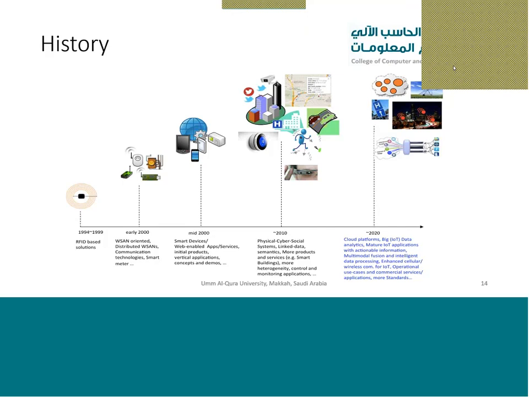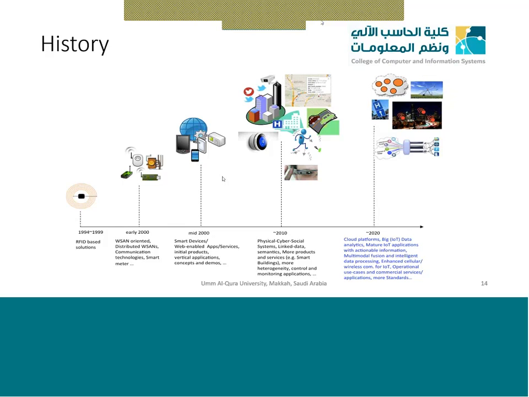Then in the early 2000s, we got some equipment which were communicating based on their sensors. We called them wireless sensor and actuator networks, or simply wireless sensor networks. Those were connected devices in a network or without a network, point-to-point or multi-point links.